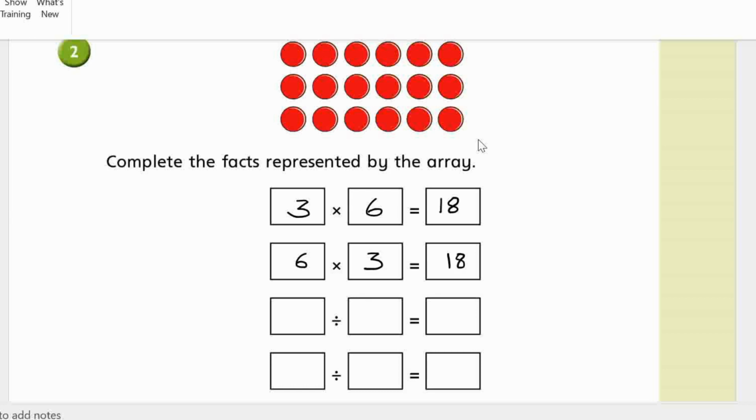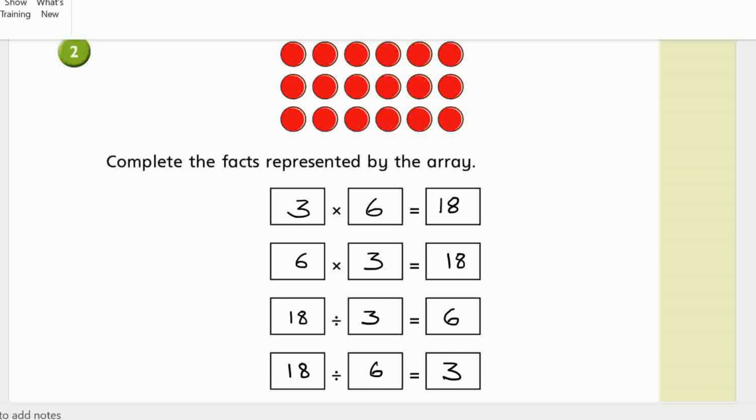Okay, the division. How would I do the division? Okay, that could be the next one, 18 divided by 6. See, there's 2 different ways. And what does this give you? And this one? This gives us 3.